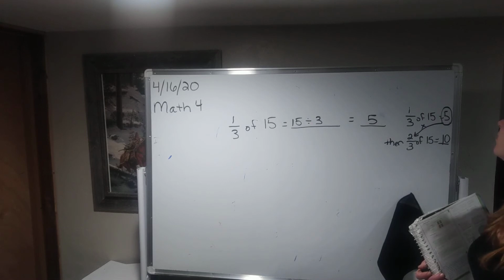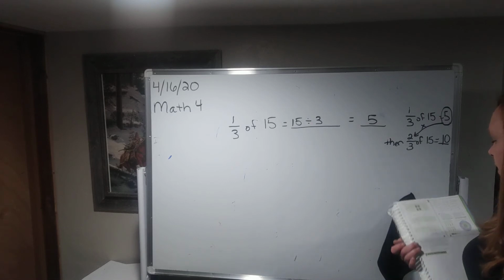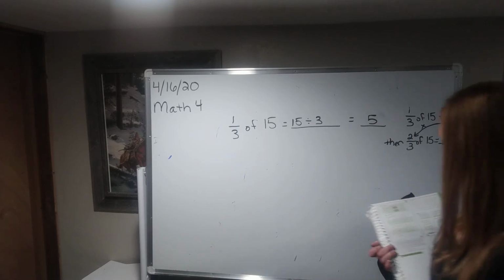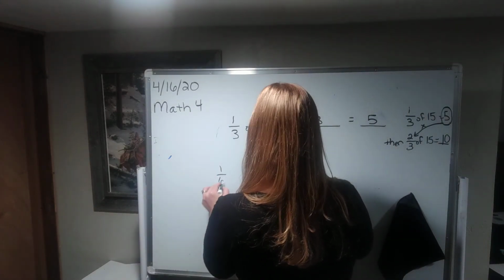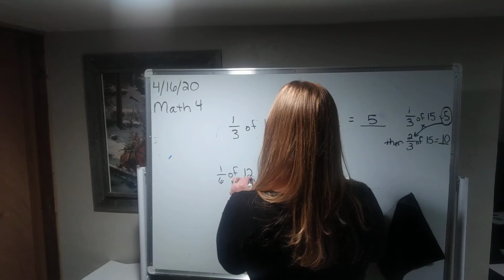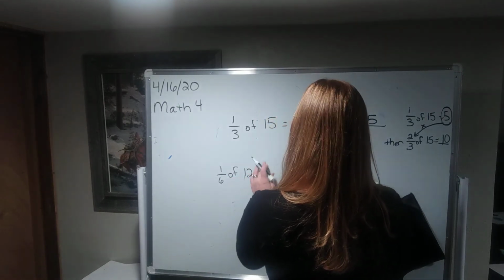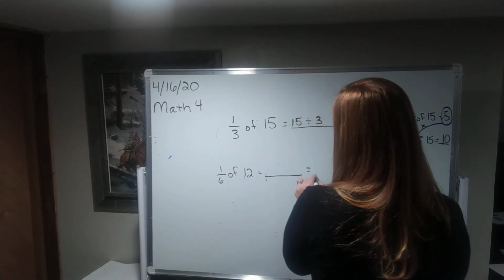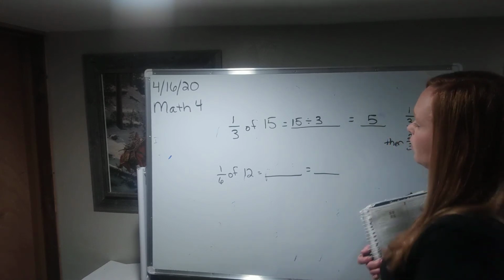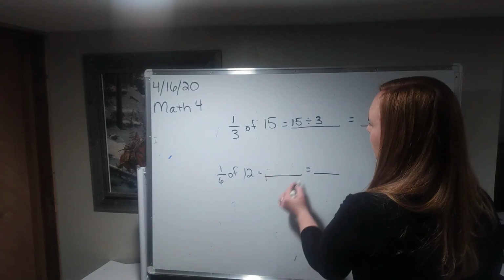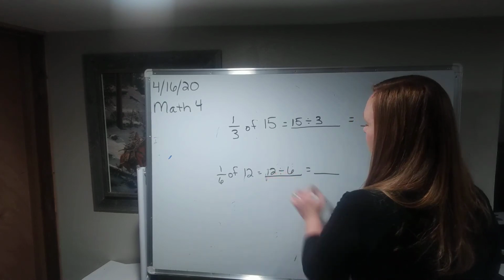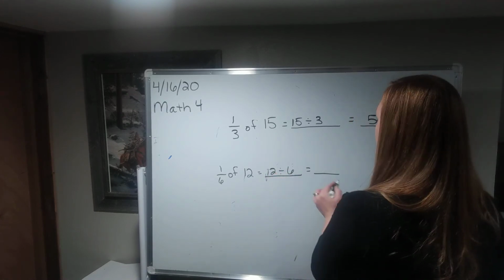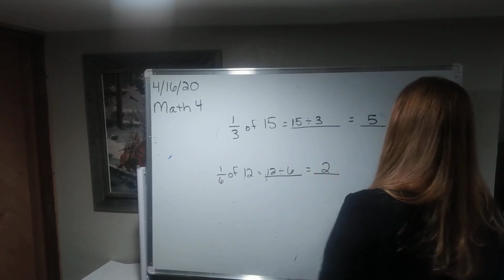Cool, huh? Let's do number 2 together. Number 2 says 1/6 of 12 equals blank equals blank. What is my division problem here? 12 divided by 6, and 12 divided by 6 equals 2.